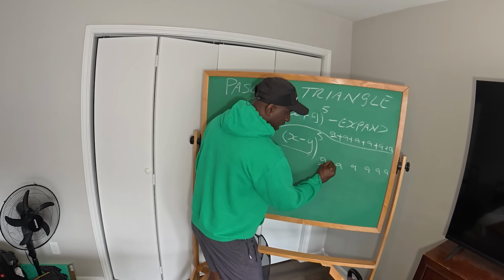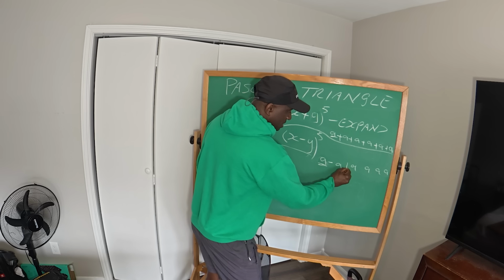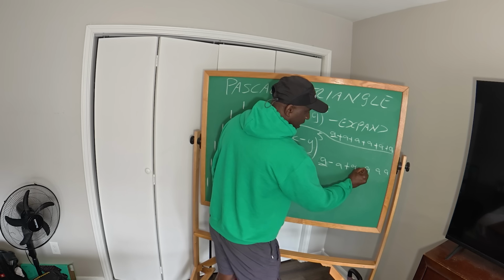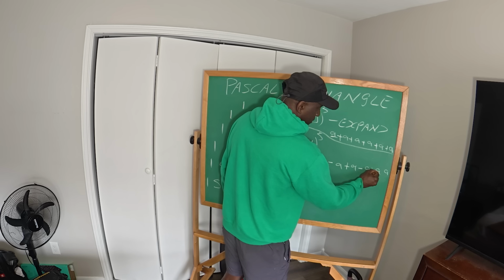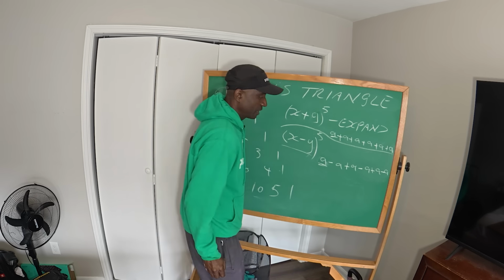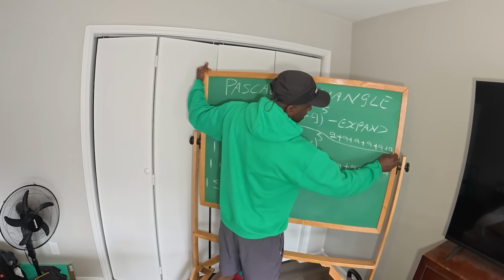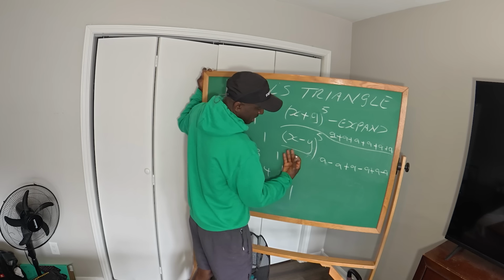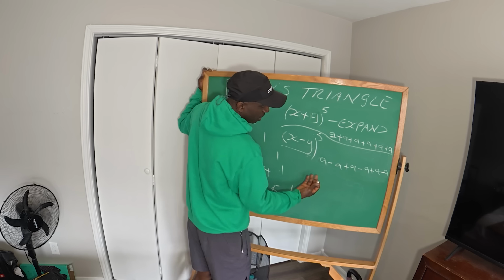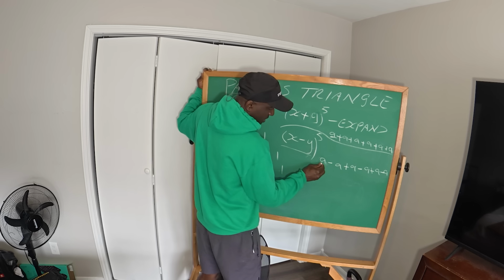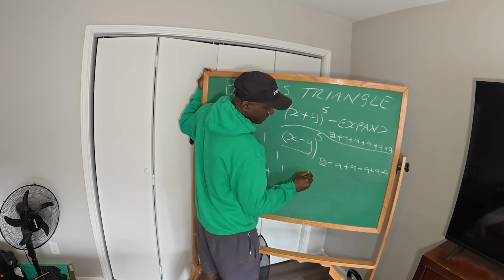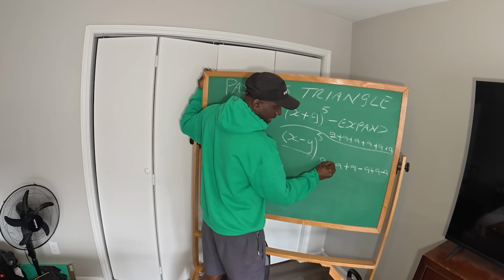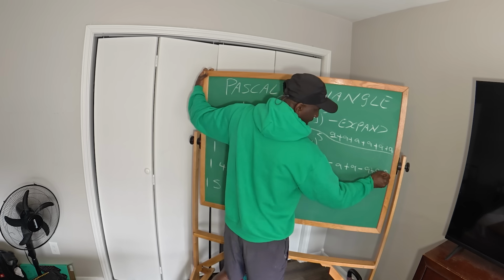So this becomes a negative, this becomes a positive, a negative, positive, and a negative. You see we have all positive, but in this case, x minus y to the 5th power, we have 6 terms, but since the first is always positive, then we alternate negative, positive, negative, positive, negative.